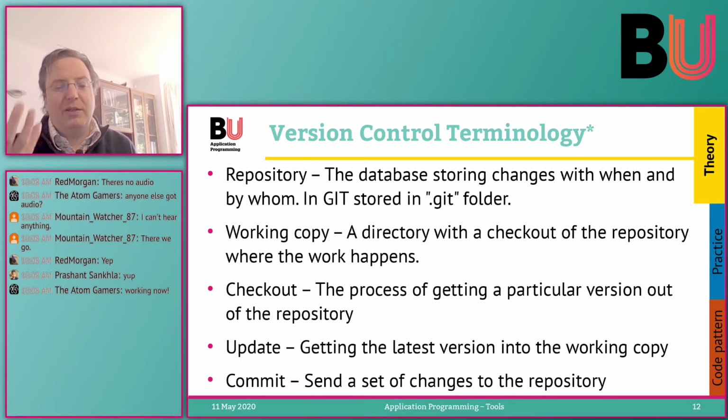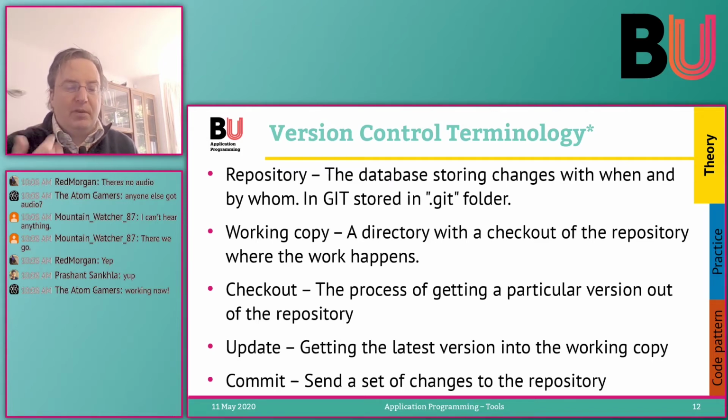That also comes to the idea of the checkout operation, where you basically get a particular version out of your repository. Often, rather than saying I want the version with a particular identifier, you say I want the master one. That uses the master tag that is automatically set to the latest version, or the master branch name.